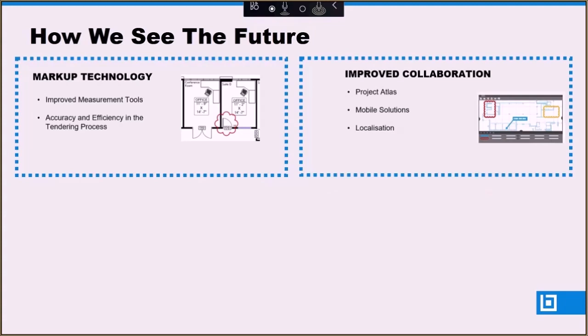Improved collaboration. You'll start to see Bluebeam develop solutions for mobile devices, so you can access your drawings on a phone or a tablet as easily as possible when you're at construction sites. Another thing we're improving for collaboration is localization.